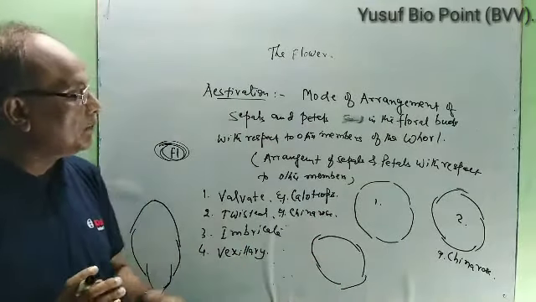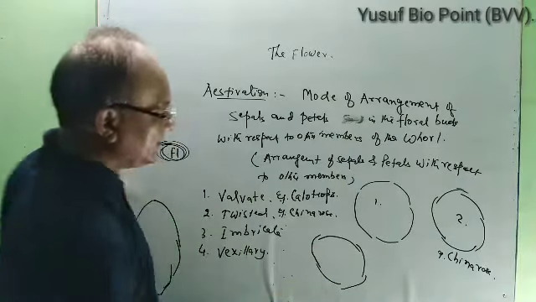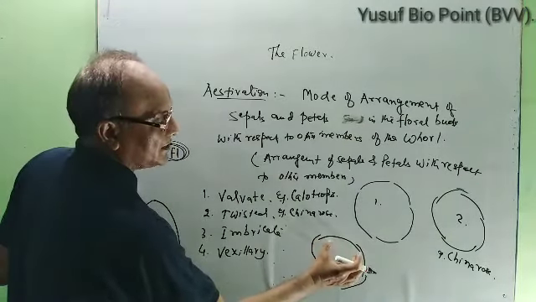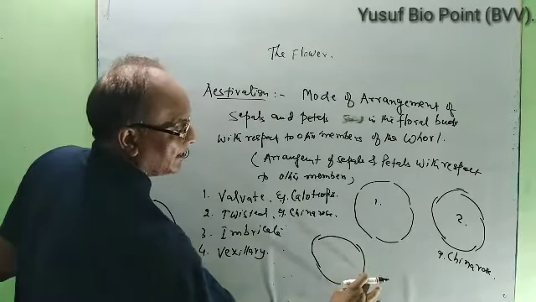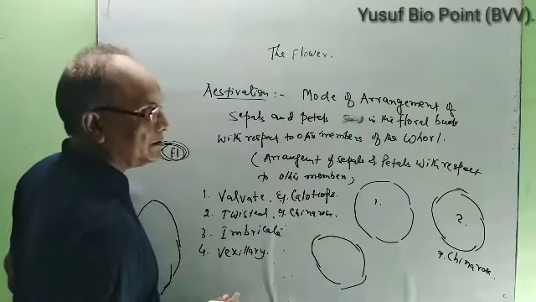Now this is the imbricate. It is a unique type of way. You see that here both ends are inside, here both ends are outside, and all others are in overlapping positions.